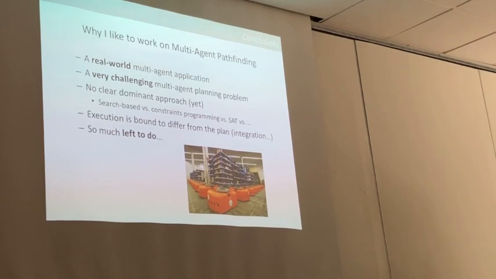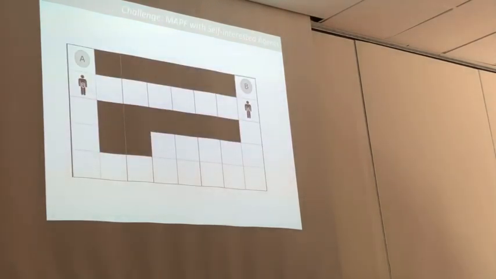Beyond the algorithmic part, which I think we've covered for the specific multi-agent pathfinding, I want to highlight several others that I think are worth mentioning. One of them, which there is a little bit of work on, but not a lot, is that so far we assume that the agents will do what you tell them. You can imagine an autonomous vehicle scenario.